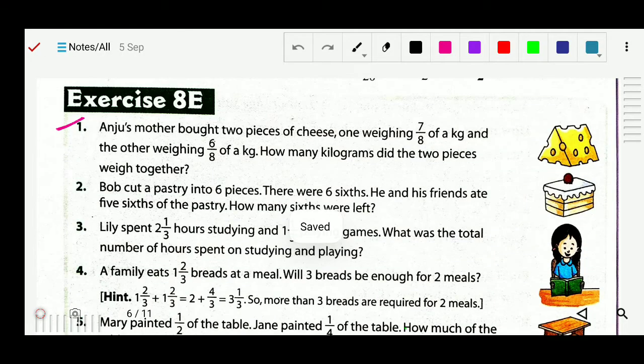Now next, question number 2. Bob cut a pastry into 6 pieces. He and his friend ate 5/6 of the pastry. How many sixths were left? Okay, let's solve this question.